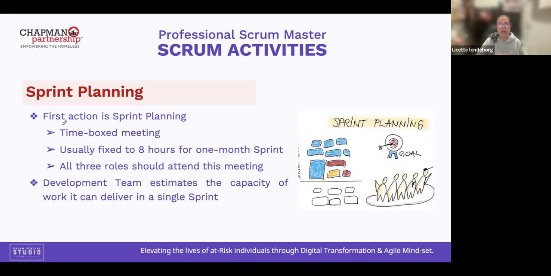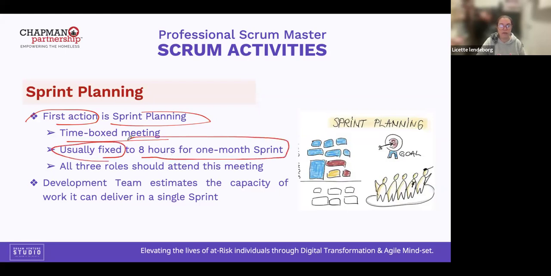So the sprint planning is the first action in the sprint. It's a time box meeting. It's a time box fixed to 8 hours for a 1 month sprint. All 3 roles should attend this meeting.